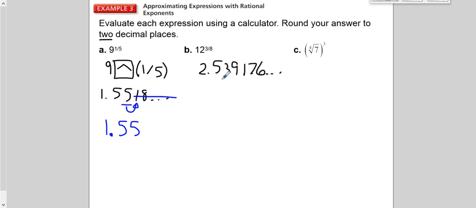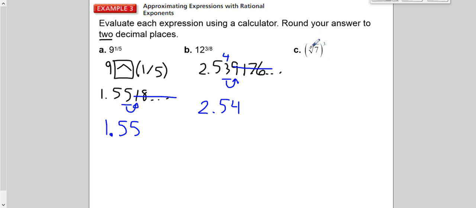Remember, we're only rounding to 2 decimal places, so we only have to look at that one and this one. None of the other numbers actually matter. So when we get rid of these, this was a 9, so this goes up to a 4. And there's our answer for B: 12 to the 3/8 power is approximately 2.54.